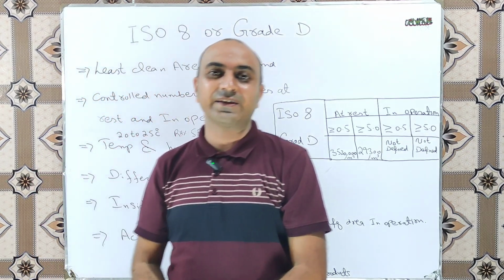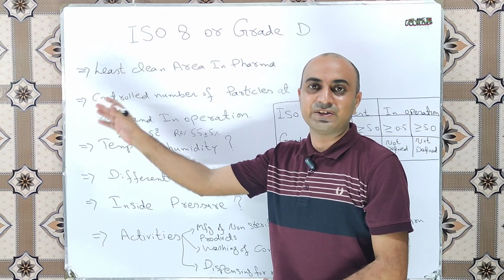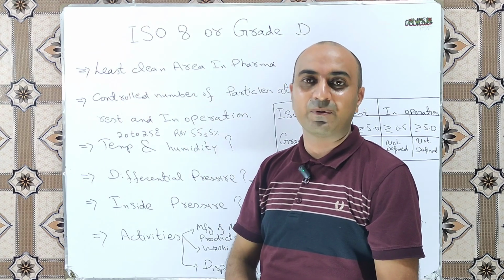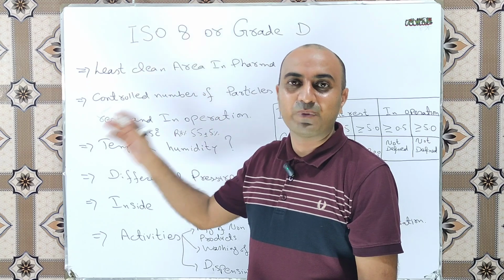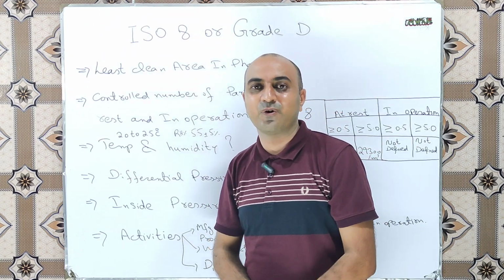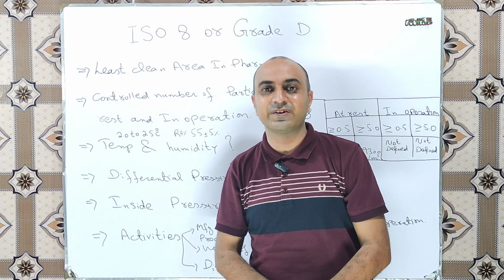Grade D or ISO class 8 is the least clean area in the pharmaceutical industries. We are familiar that there are four main grades or ISO classes of clean rooms in pharmaceutical industries.